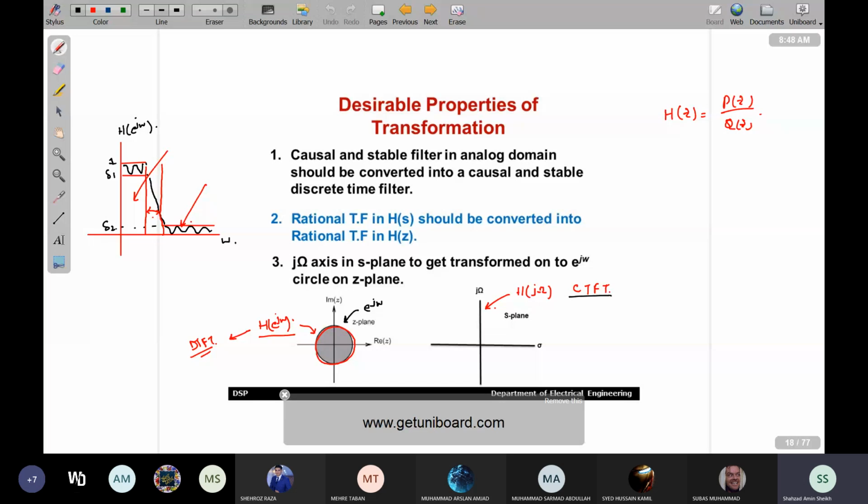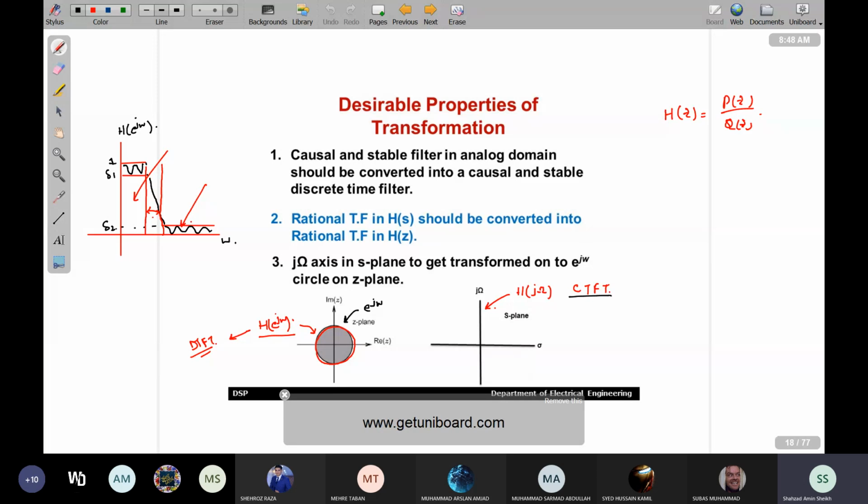And the j omega axis in S plane should get transformed onto the e to the power j omega circle on Z plane, because whatever specifications are given to us in discrete domain are in fact associated with the discrete time Fourier transform. The specifications are DTFT specifications, and they are only defined on this e to the power j omega circle.